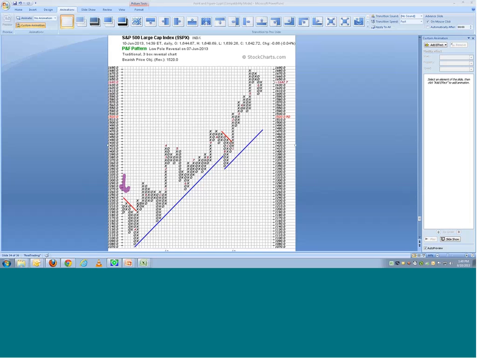It then comes up and crosses above this bearish trend line. When it crosses the bearish trend line, we are now long-term bullish. And we take any signal that's firing above that bearish trend line there.